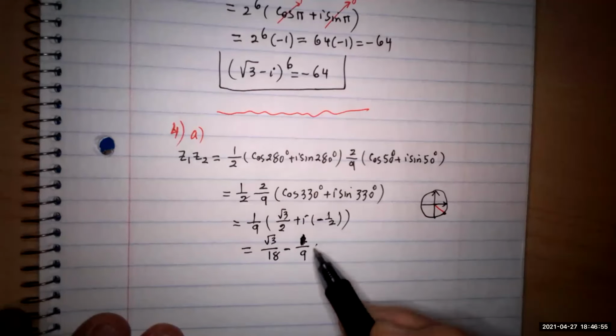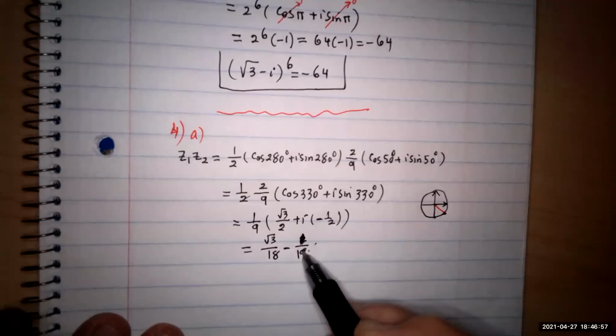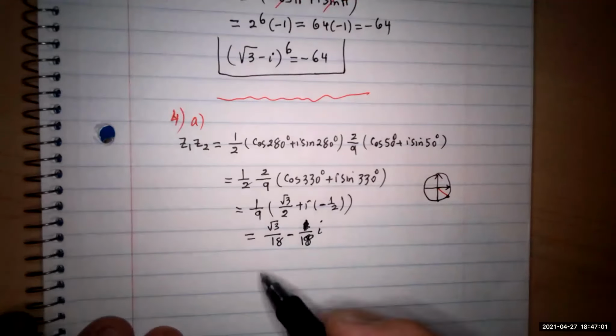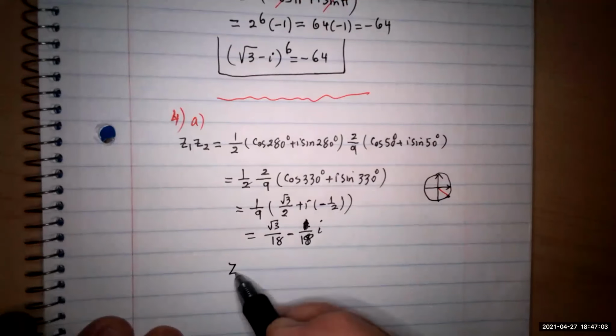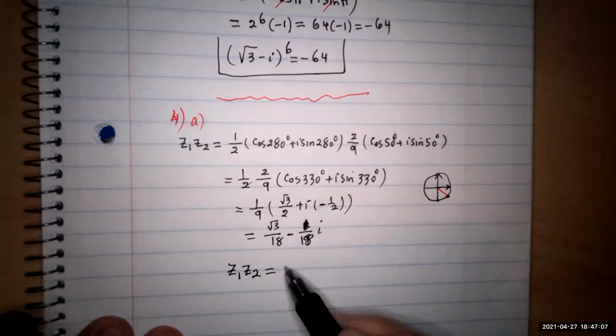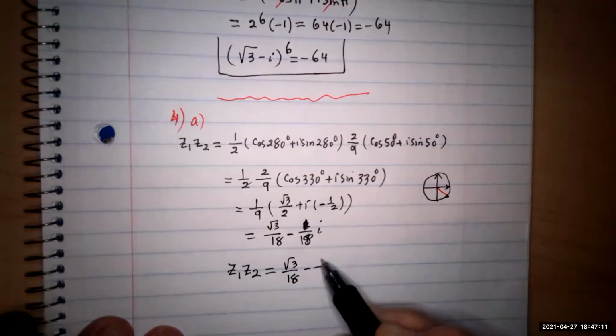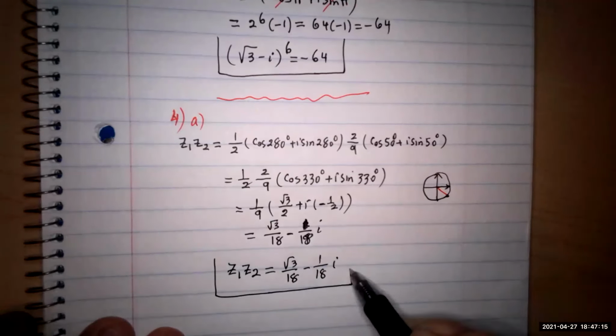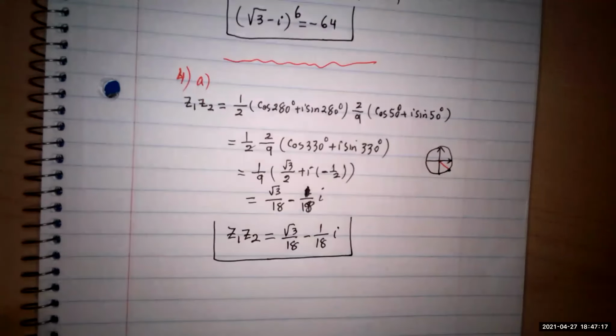Z1 times Z2 would be radical 3 over 18 minus 1/18 I. This gives you the final answer.